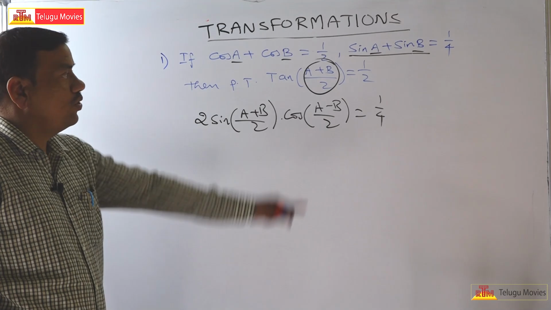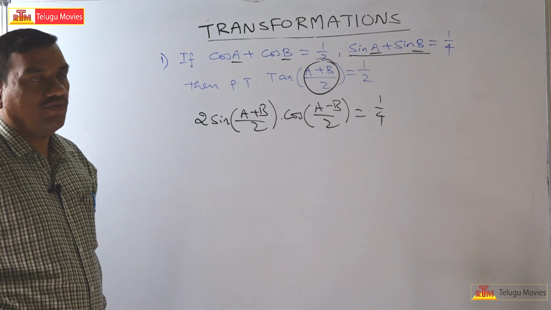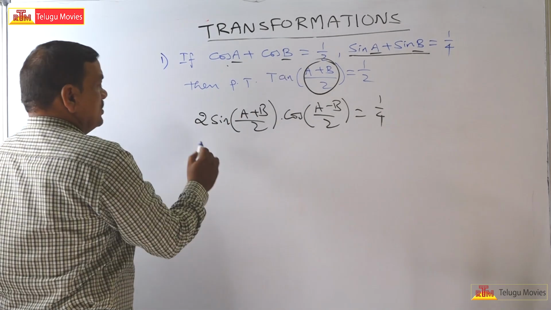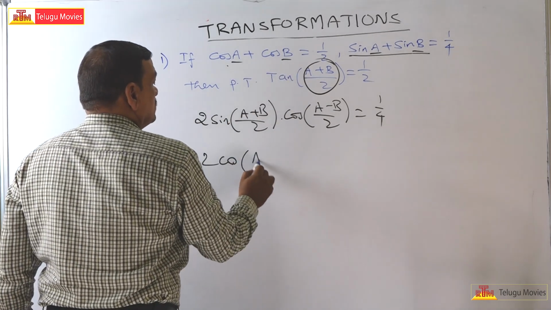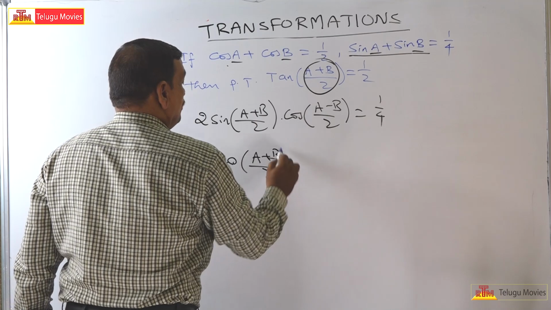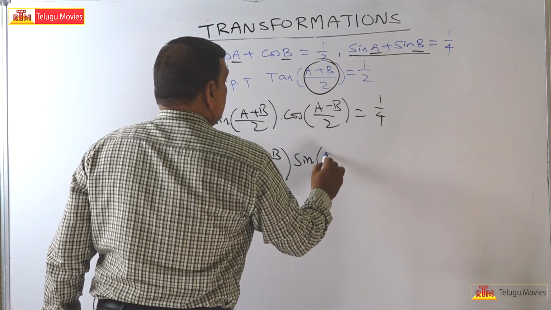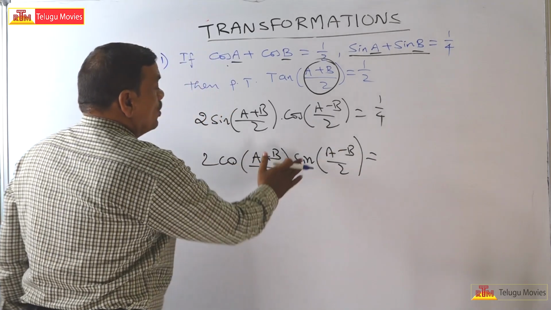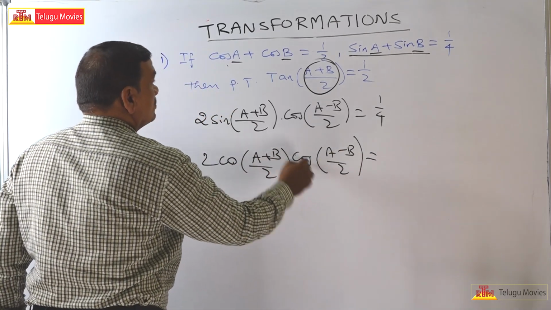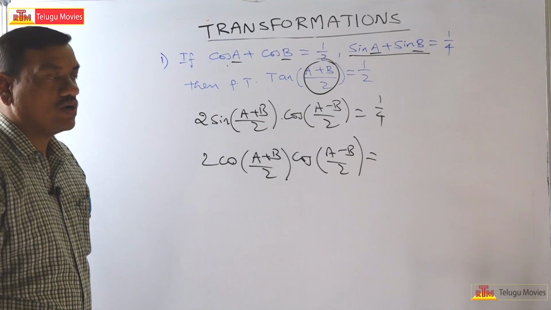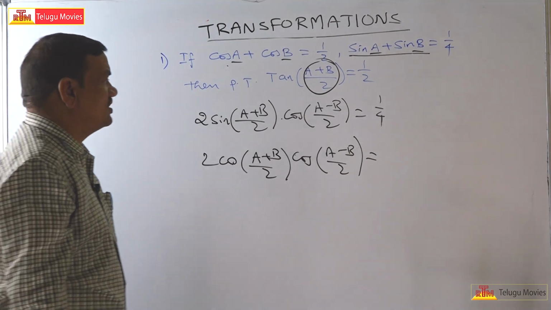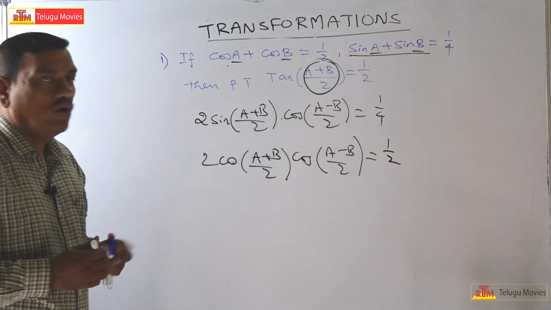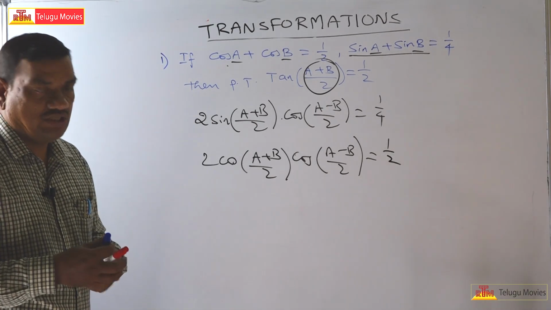Okay? So the second formula I have taken first. Coming to the first formula, cos C plus cos D is 2 cos (C plus D) by 2 cos (C minus D) by 2, which is equal to 1 by 2. So I have applied both transformation formulas.